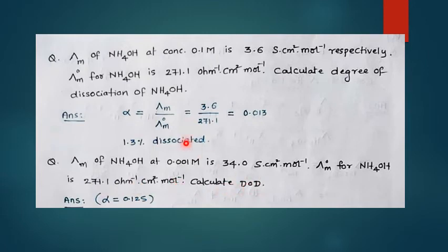Same procedure, dear students. Just I have changed one numerical. Here 3.6 was present, but what is given here is 34.0. Remaining as it is. Take the formula and substitute the values. You will get alpha equal to 0.125, and that is equal to 12.5% dissociation.